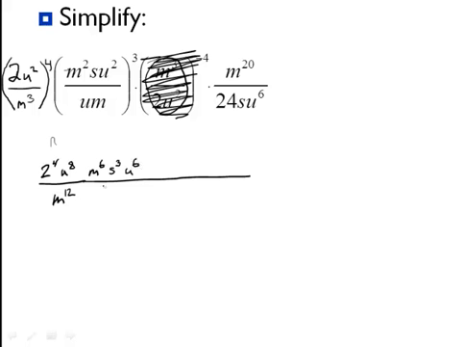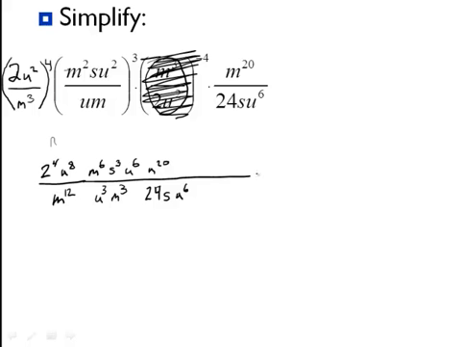On the bottom, we've got u cubed and m cubed. And then our final fraction that's on the end here is just m to the 20th over 24s and u to the 6th. And what I probably will do here is start to simplify things one term at a time, or one factor at a time.